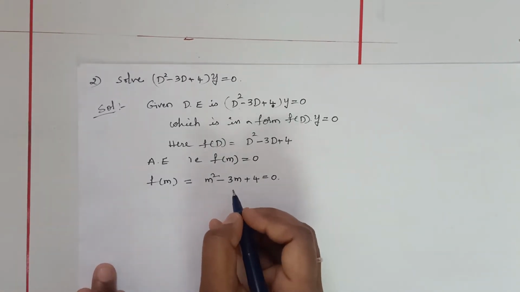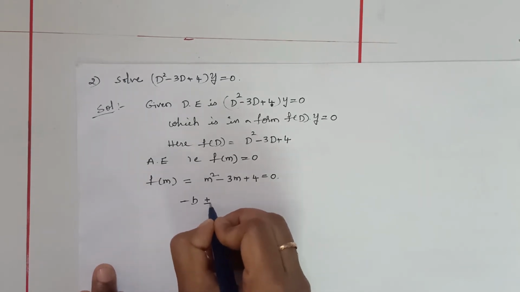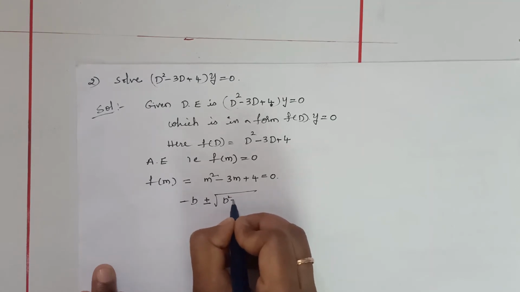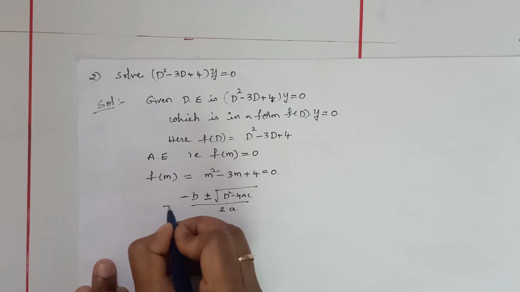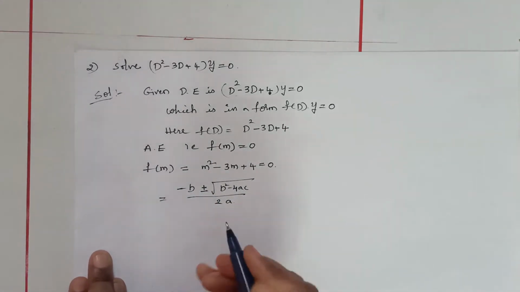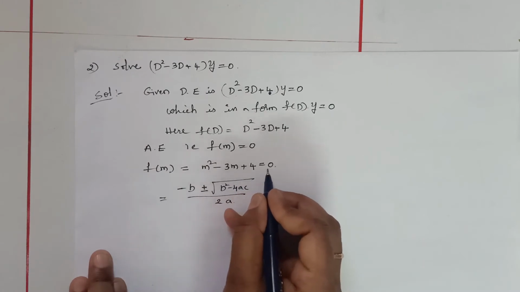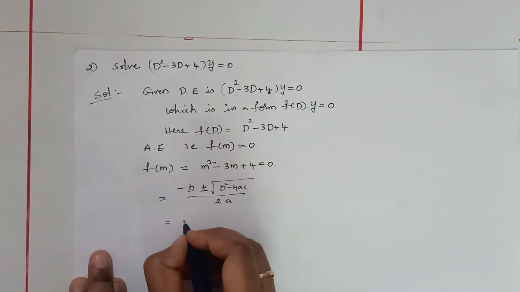Now find the roots of this auxiliary equation. Use the formula minus b plus or minus under root of b square minus 4ac by 2a. Here b is minus 3.